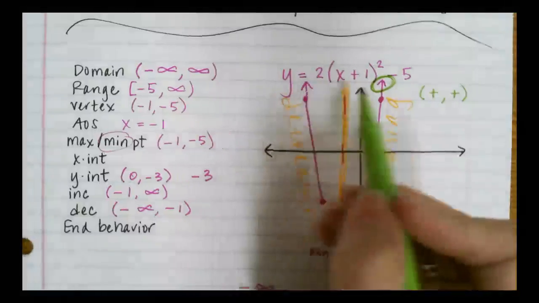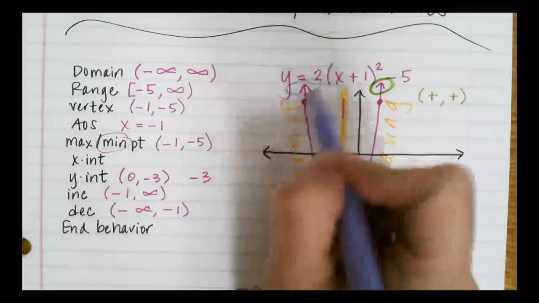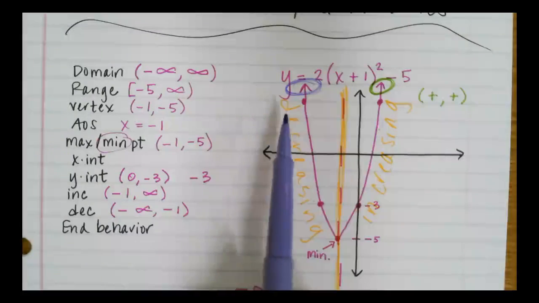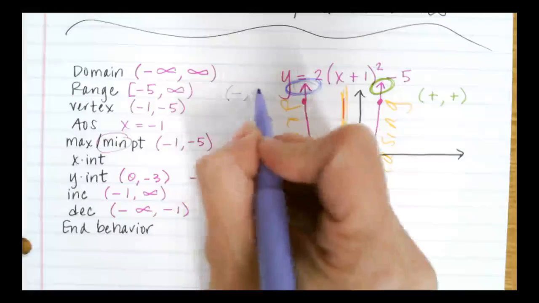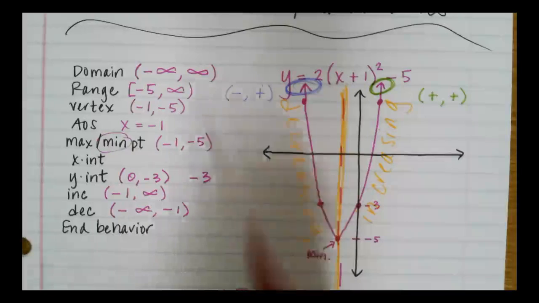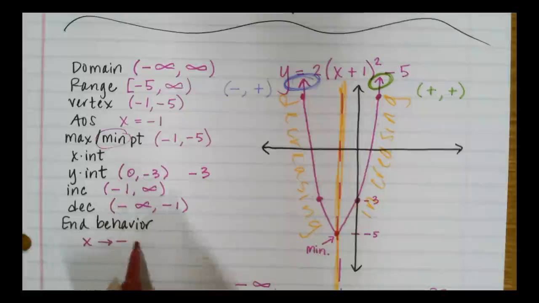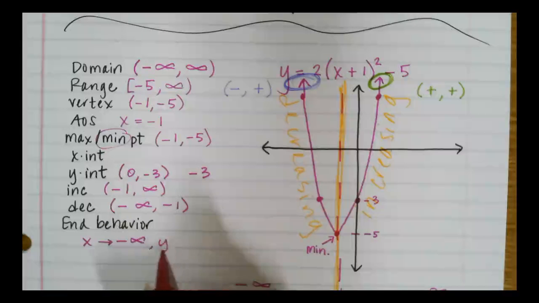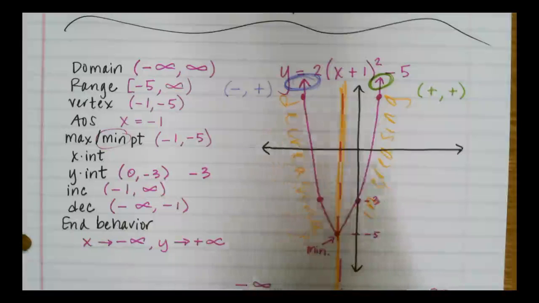This arrow over here is always going to be in this quadrant, and this quadrant has negative x's and positive y's. So we're going to take that and translate that into end behavior. This end behavior says x is going to be more and more negative, y is going to be more and more positive.